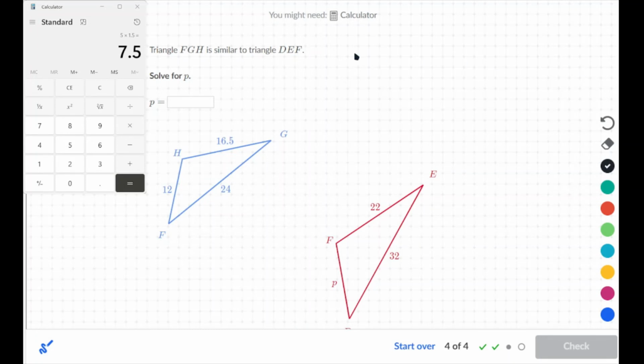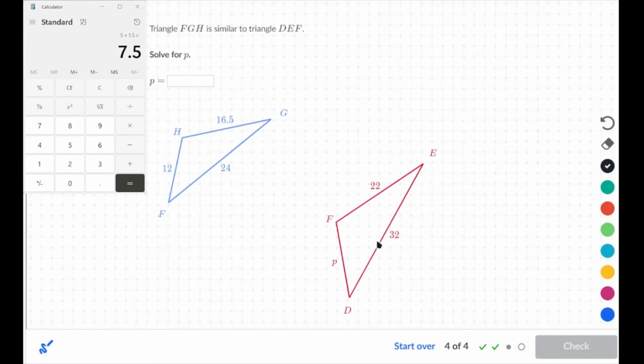And lastly, triangle FGH is similar to triangle DEF. So solve for P. This is going to be easy because G equals E, H equals F, and D equals F. We don't really have to put the sides on this one because it's the same direction, so it's barely noticeable.